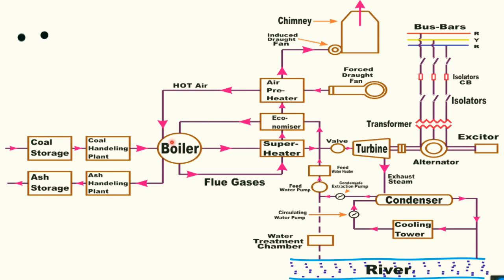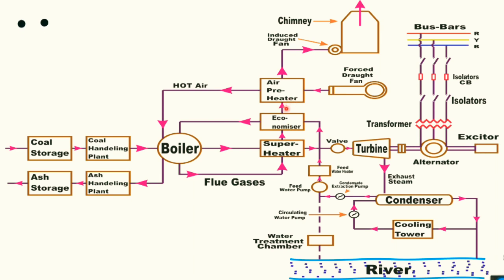Now definitely for the furnace we require some external source of air. Wouldn't it be beneficial if the air that we feed to the furnace is already heated? So the air preheater is installed before the air enters the furnace, so that the air gets heated up from these flue gases.